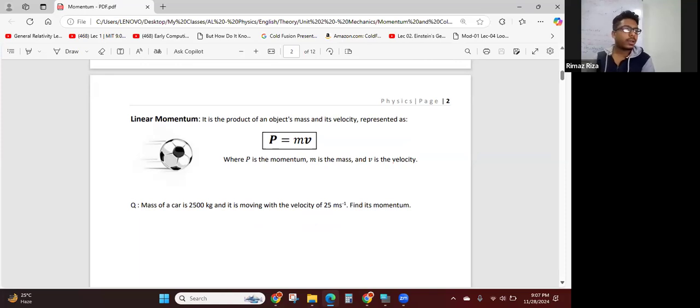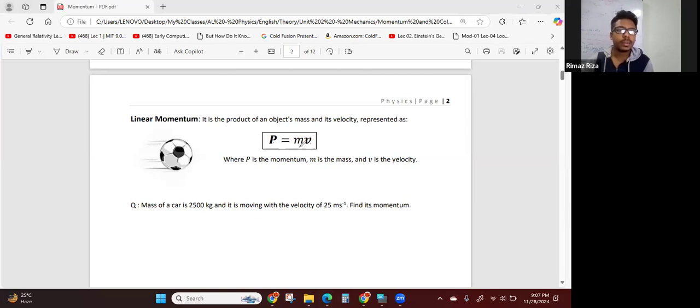Okay, right. So we can write it is the product of an object's mass and its velocity, represented as P equals mv. So momentum is given by P equals mv, and here you can find the letters P and V are bold because momentum is a vector quantity and velocity is also a vector quantity, right?